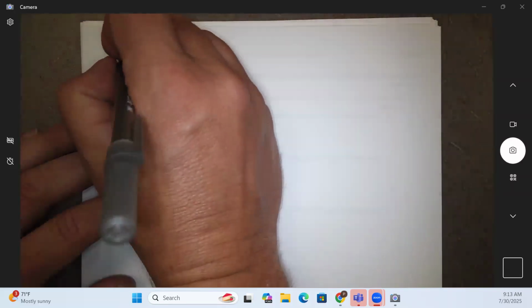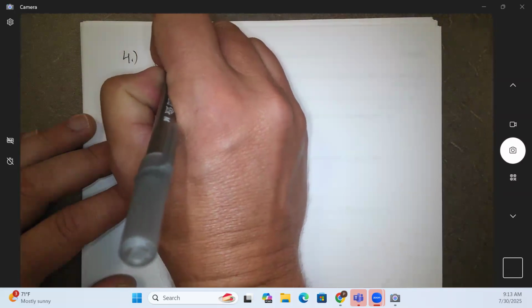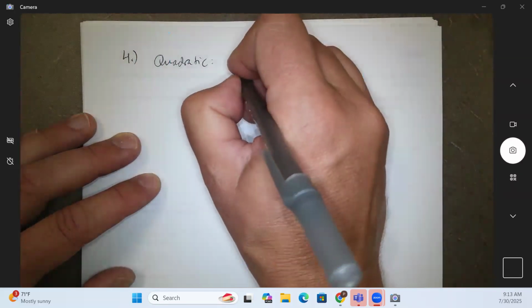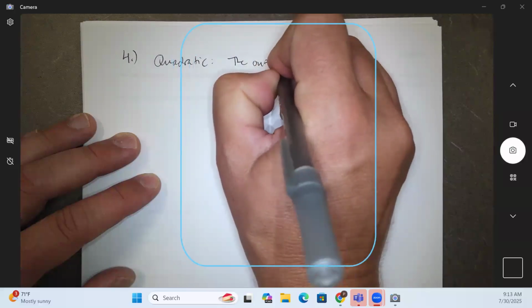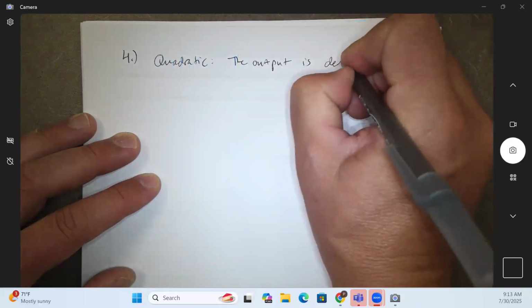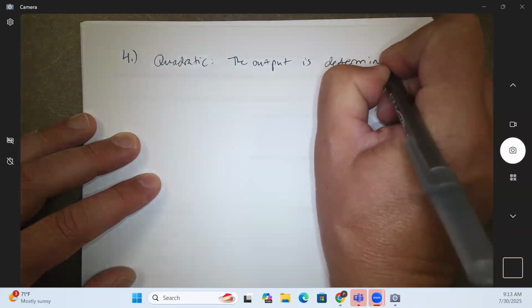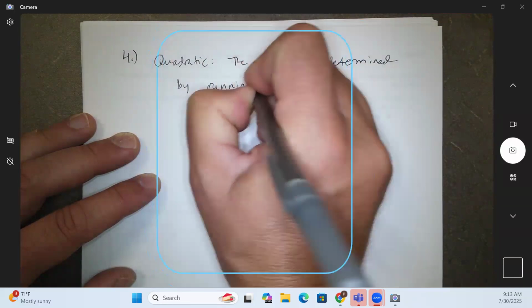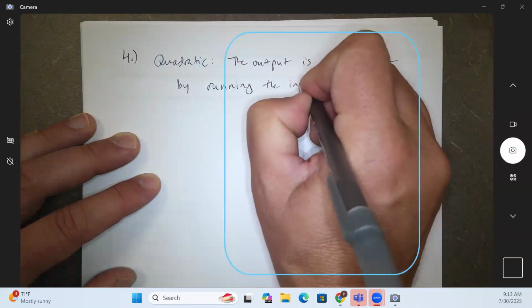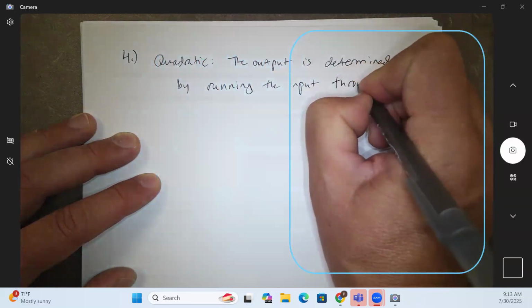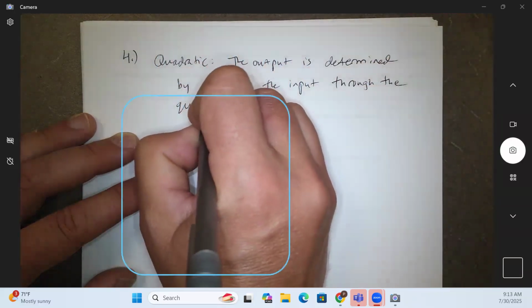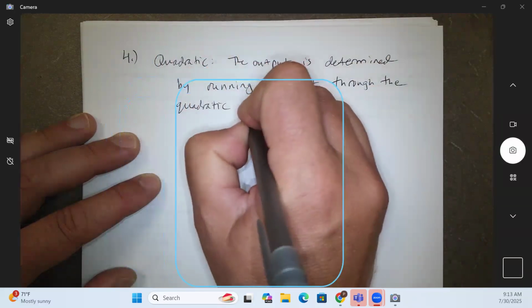And then we talked about quadratic. Which is the output is determined by running the input through the quadratic function.